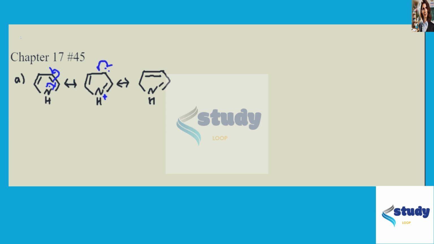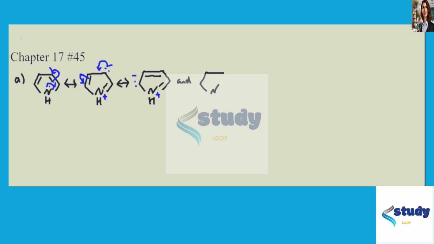These can go here, and these will then go here. And so, again, we have a positive charge on the nitrogen here, and we have our lone pair and negative charge on that carbon to the left.